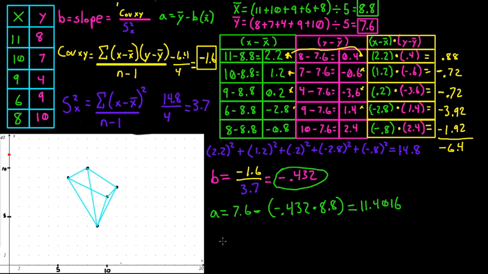So let's say we do this: the y-intercept is 11.4016 minus x places, which is 10 places, times 0.432. So we're going to say minus 4.32. So we take 11.4016 minus 4.32, and that's going to give us 7.0816.